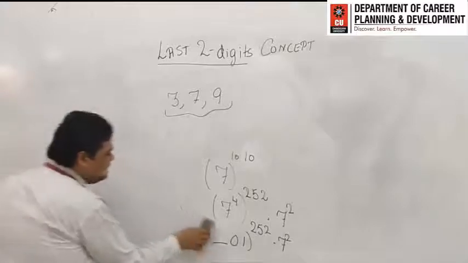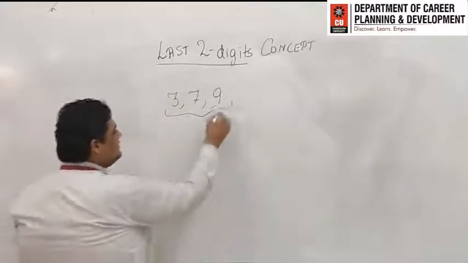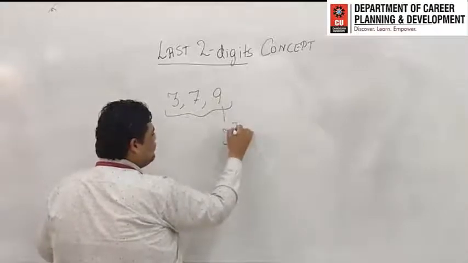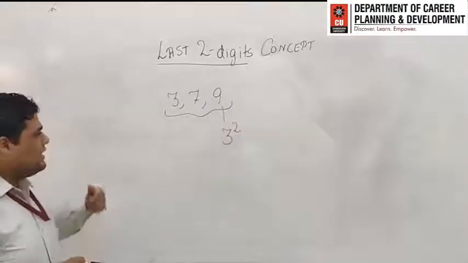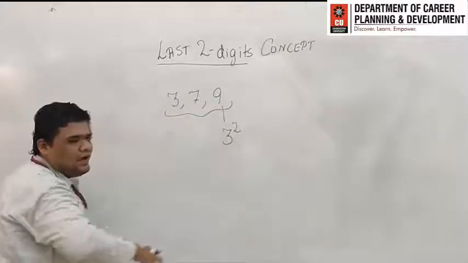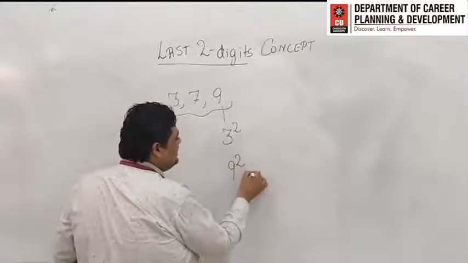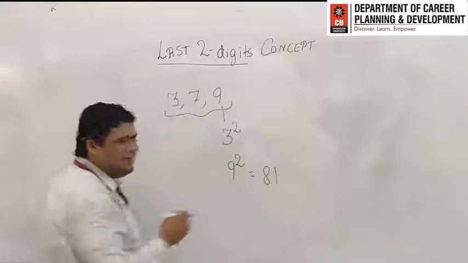Now let's see for 9. Here the 9 is what? 9 is 3 to the power 2. So if 3 to the power 4 is coming out as unit place of 1, then 9 square will give us 81.